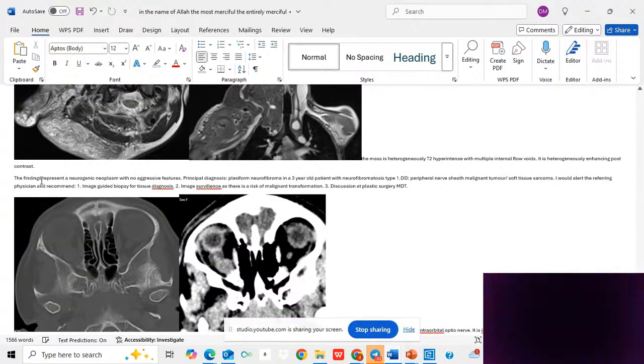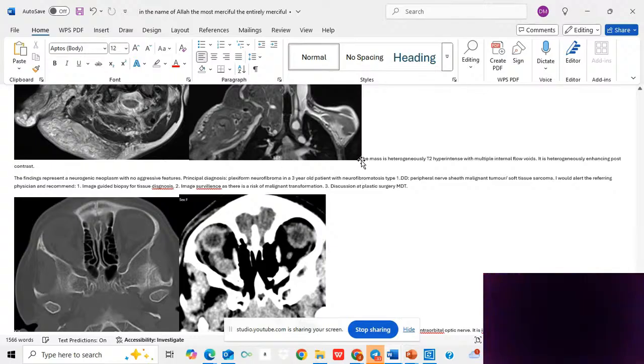So the findings represent a neurogenic neoplasm, of neurogenic origin, with no aggressive features, no invasion of the adjacent vessels or destruction of the adjacent structures. So the principal diagnosis here is plexiform neurofibroma in a 3-year-old patient with neurofibromatosis type 1.